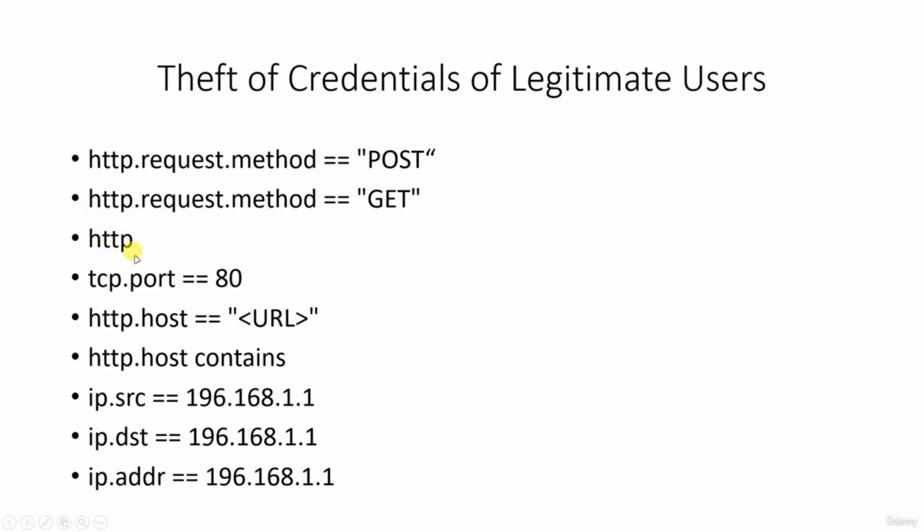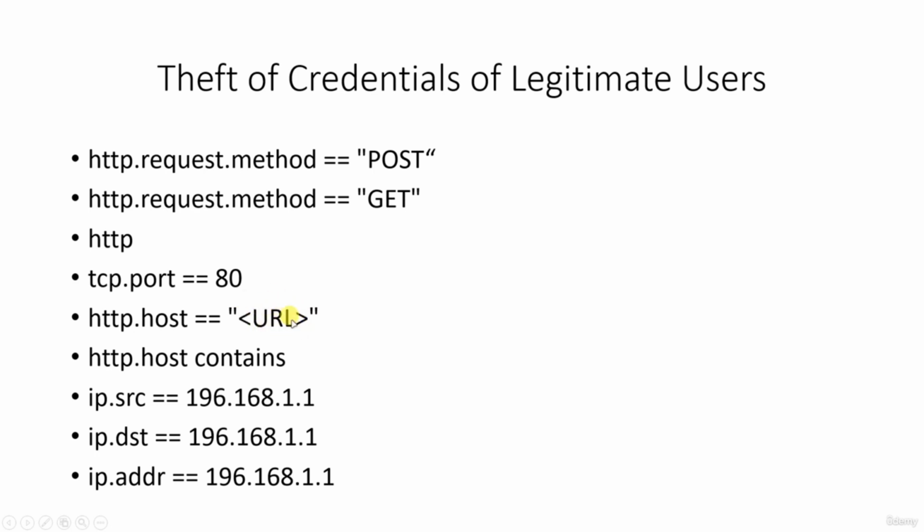Make sure you write in lowercase, because Wireshark is case sensitive. Another option is to display all HTTP traffic, because HTTP traffic is mostly on port 80, and this one is for searching for requests to a specific site.